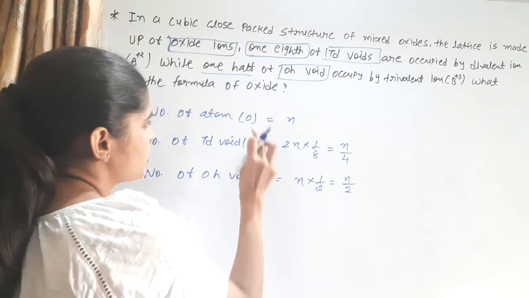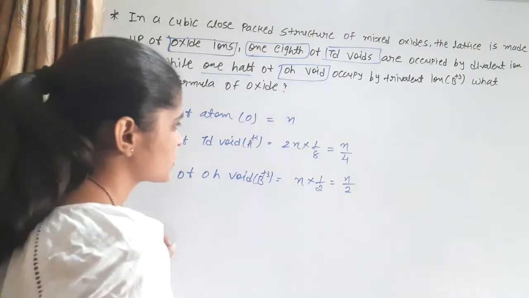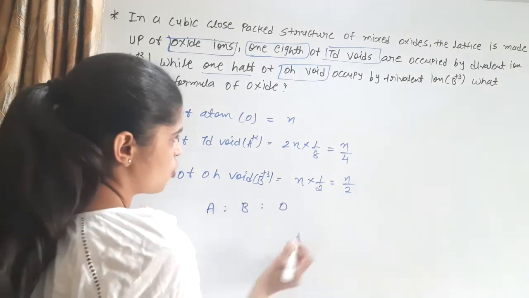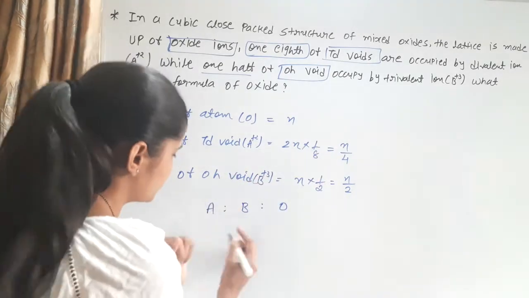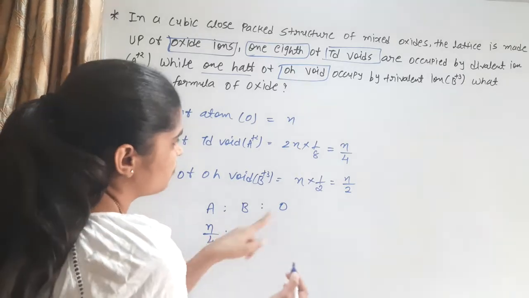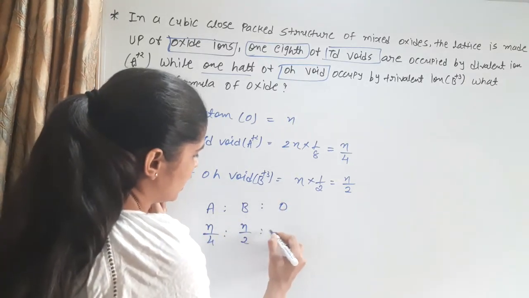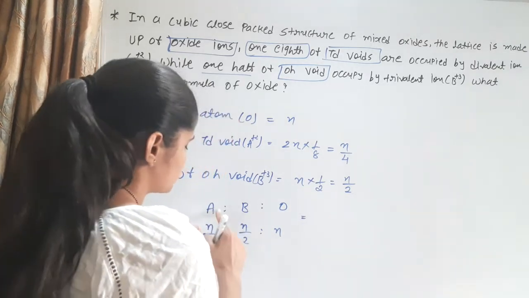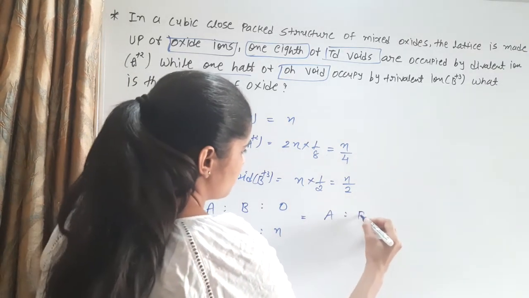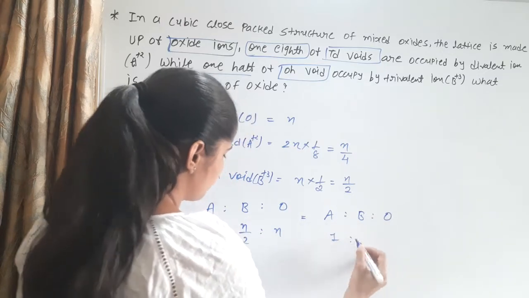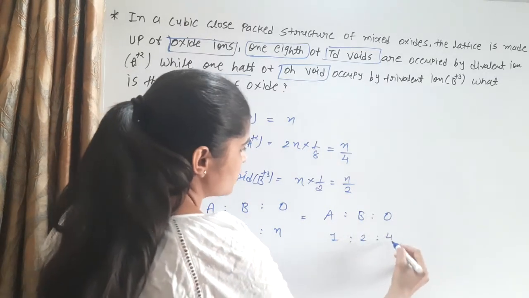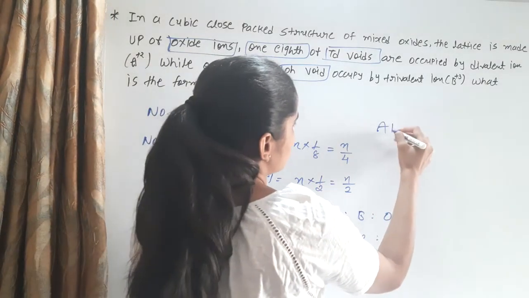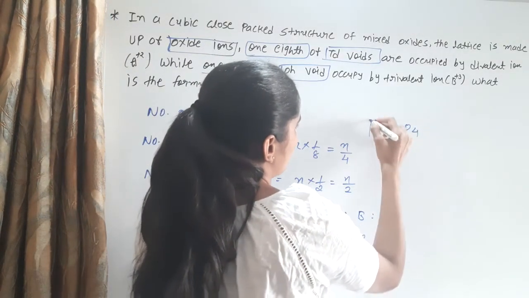Three terms: A, B and O. A is equal to n by 4, B is n by 2, and O is n. Take the LCM, which is 4. So A, B, O is 1, 2 and 4. The formula of the compound is AB2O4.